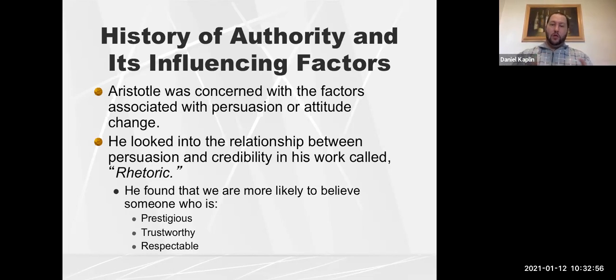And if you had all three of these components, then you're more likely to be persuaded by that individual because of their credentials. So it's interesting that even in ancient Greek philosophy, we talked about what drives your decision making.